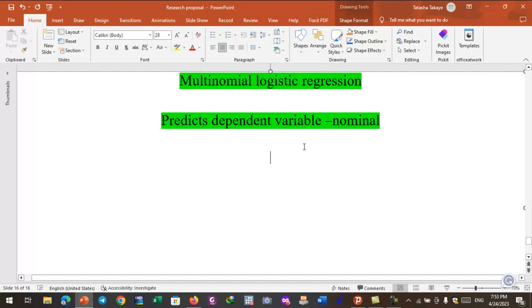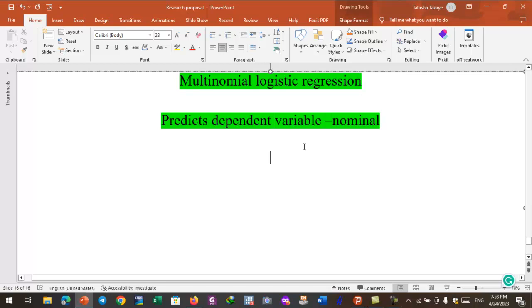There is no such comparison as one group being greater than or less than another. Therefore, the multinomial logistic regression model predicts the dependent variable given one or more independent variables.